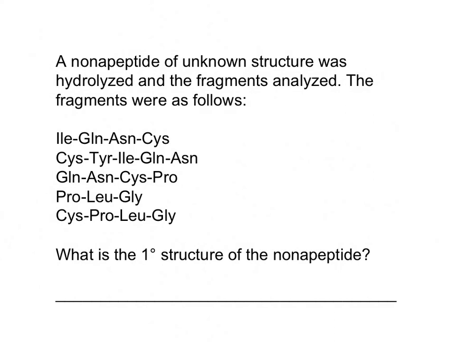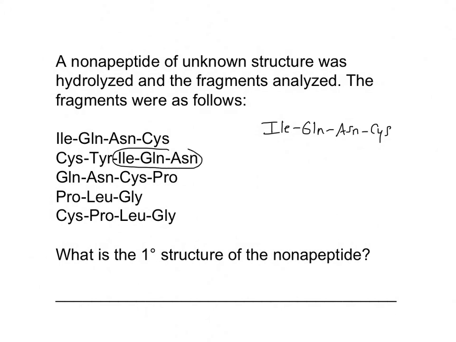So we will go ILE, GLN, ASN, CYS. Now, do you see that repeating anywhere else? Yeah, I see maybe the second one. Yes, or possibly. Yeah, the second one, look at what I see.